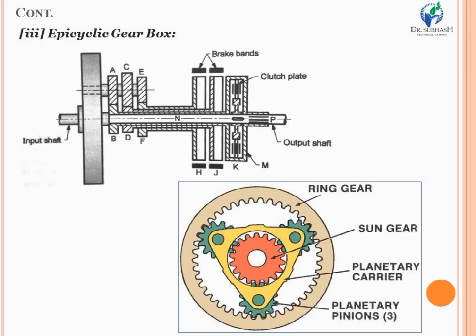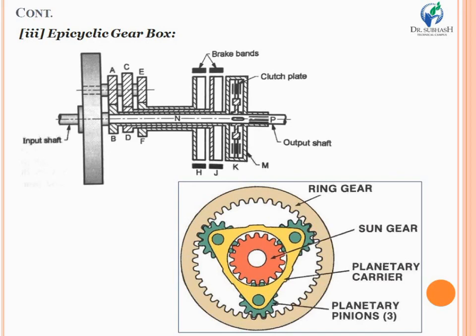Due to the brake bands, the speed will decrease, and ultimately at the output shaft you will have the lower speed. This is how one can have higher speed and lower speed, and higher torque and lower torque. Doing so will lock the gear B, thereby decreasing the speed of gear B, and so the speed of the output shaft will decrease.